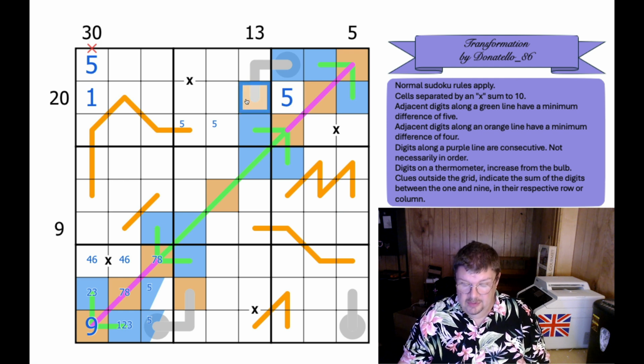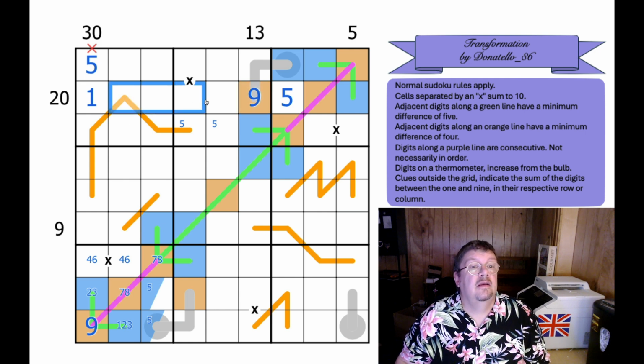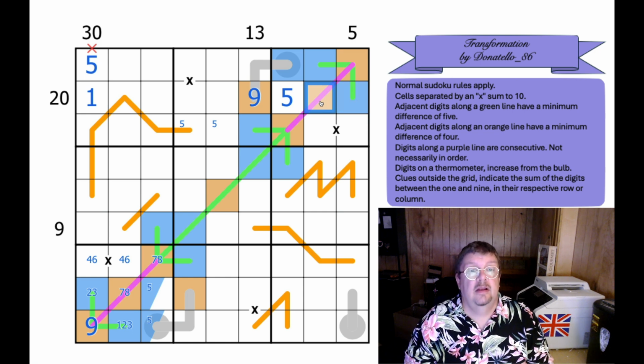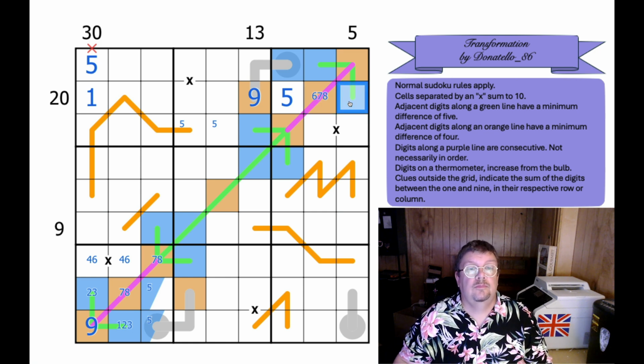So it's exactly 4 digits. That is a 9. So those sum to 20, and then using our secret again, that's 20, that's 30, that's 5. These 2 digits sum to 10. So that is 6, 7 or 8. That is 2, 3 or 4.